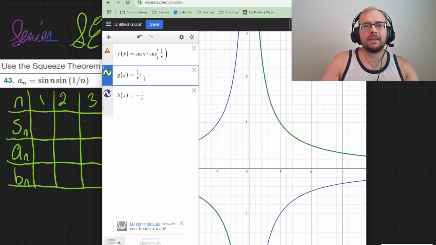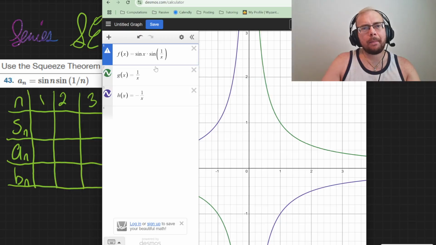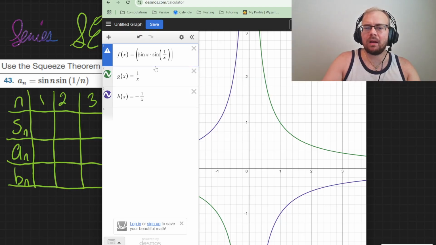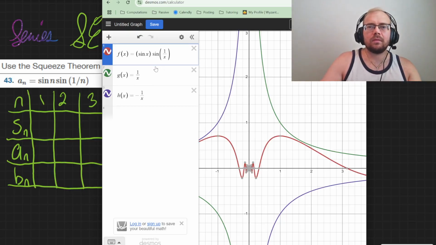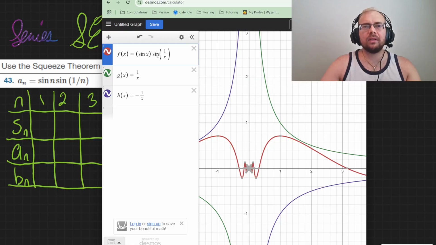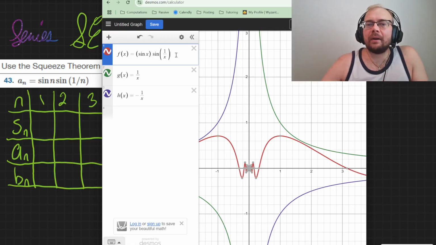Maybe that's better? Hold on. There it goes. Okay, it just didn't know what I was trying to do there. It thought maybe I was trying to do the sine of 1 over x. There we go. Okay. So now it likes me.